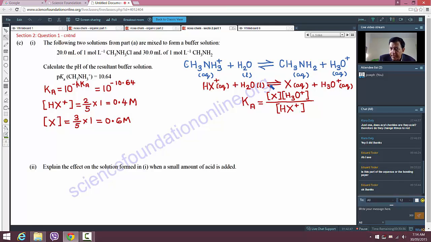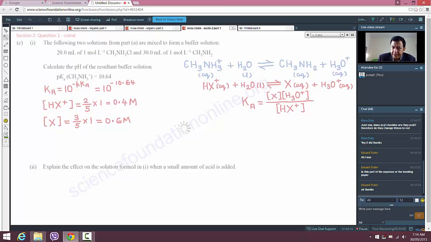This equilibrium lies heavily to the left. That is the standard assumption we always make with a weak acid in an equilibrium. Similarly, with a weak base in an equilibrium, we take the weak base concentration at equilibrium as being the same as what it was at the beginning.